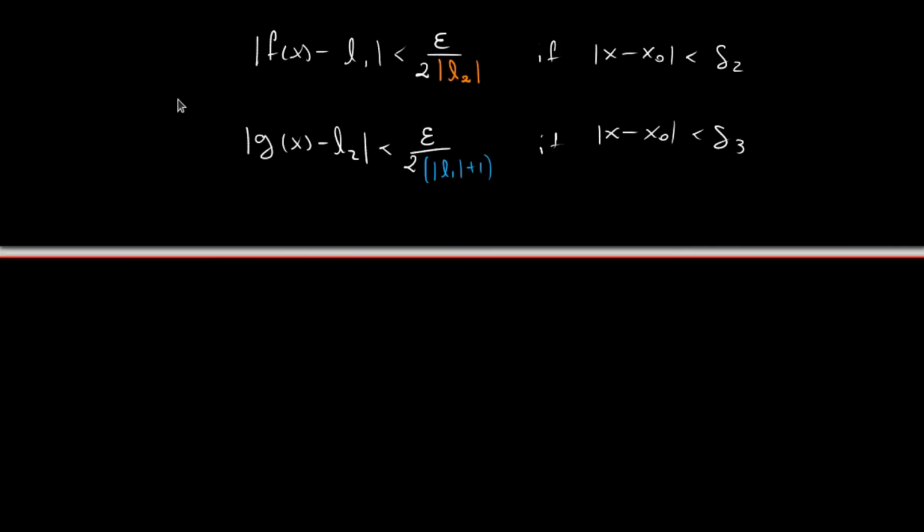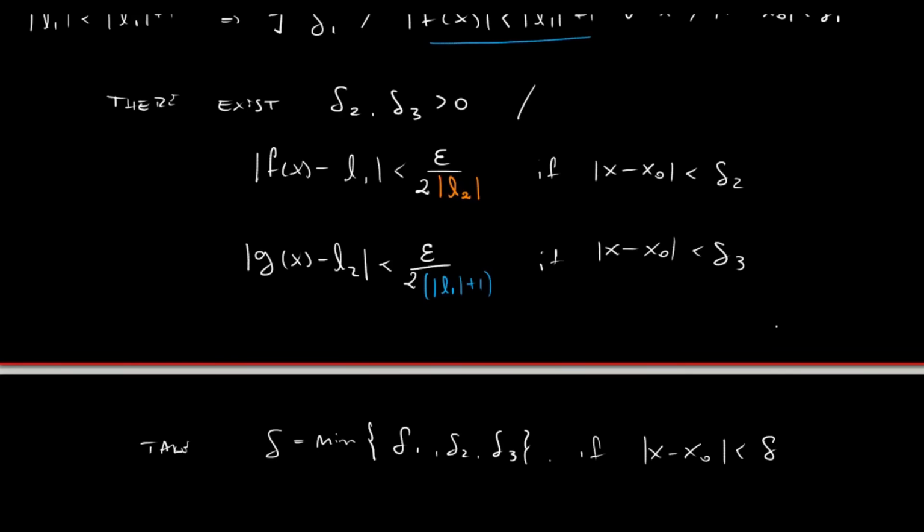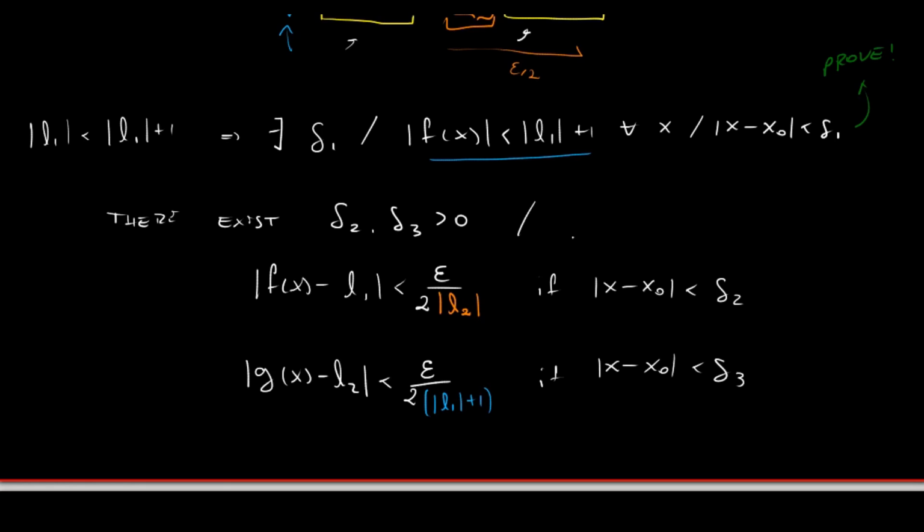And now, as we've done before, we just take delta to be the minimum value between delta 1, delta 2, and delta 3. This way, if the absolute value of x minus x0 is smaller than delta, three things will happen. We'll have this condition, this one, and this one.